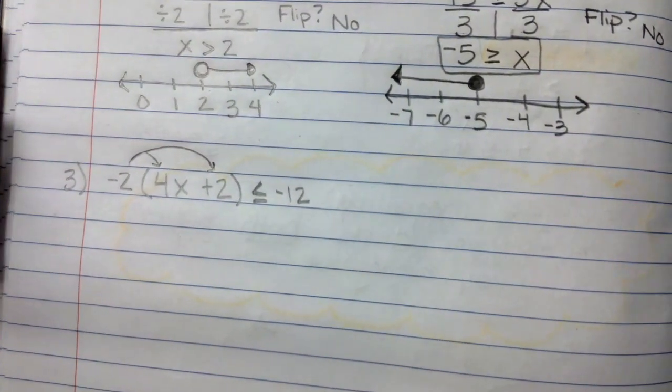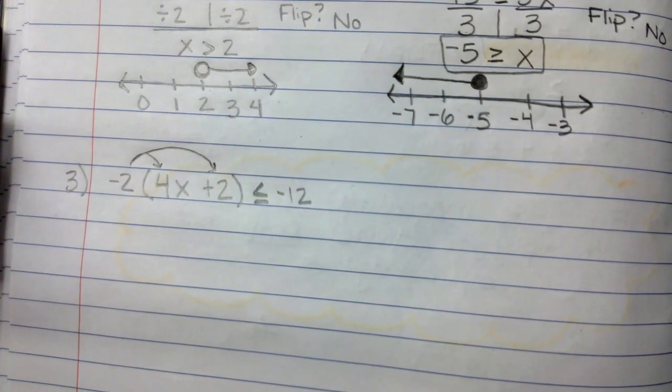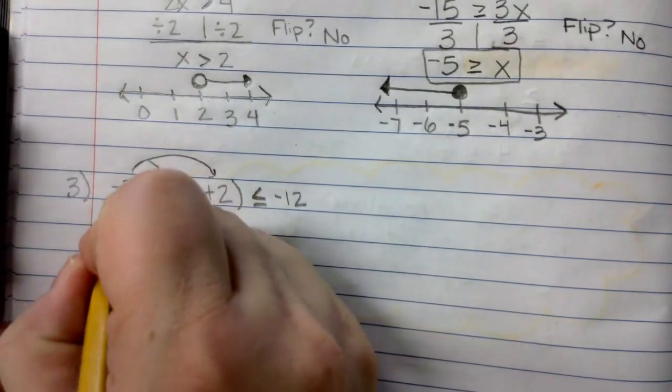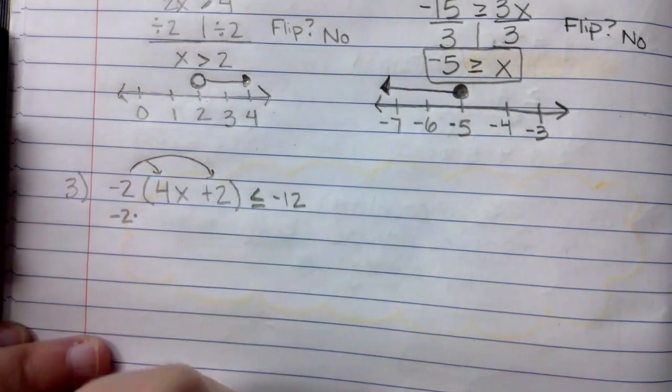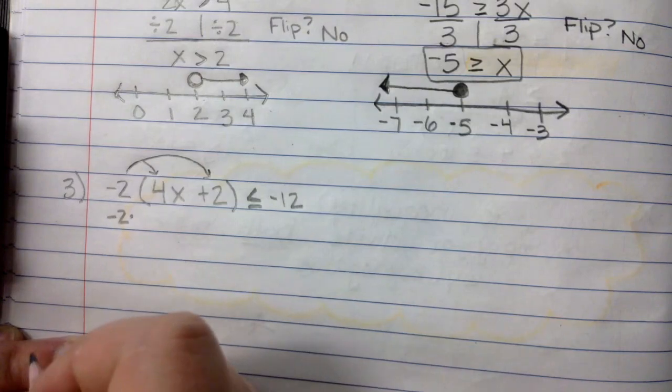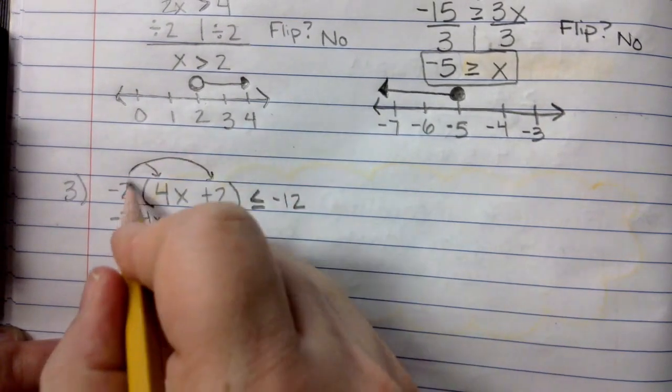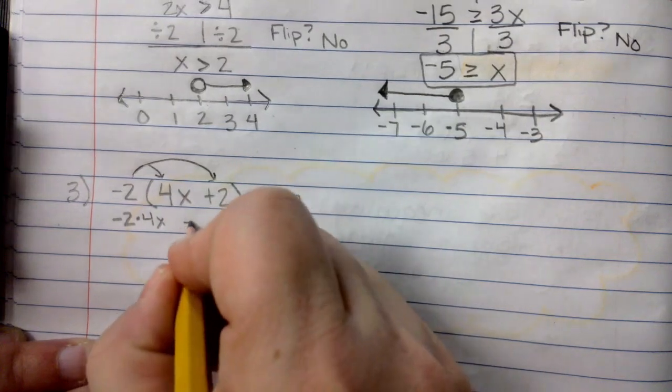So what's negative 2 times 4? Oh my goodness, Zach is on it today. Negative 8x, negative 2 times 2. Negative 4 is less than or equal to negative 12. We didn't do anything to both sides yet, so I know I'm not flipping. I only think about the flip when we're multiplying or dividing.